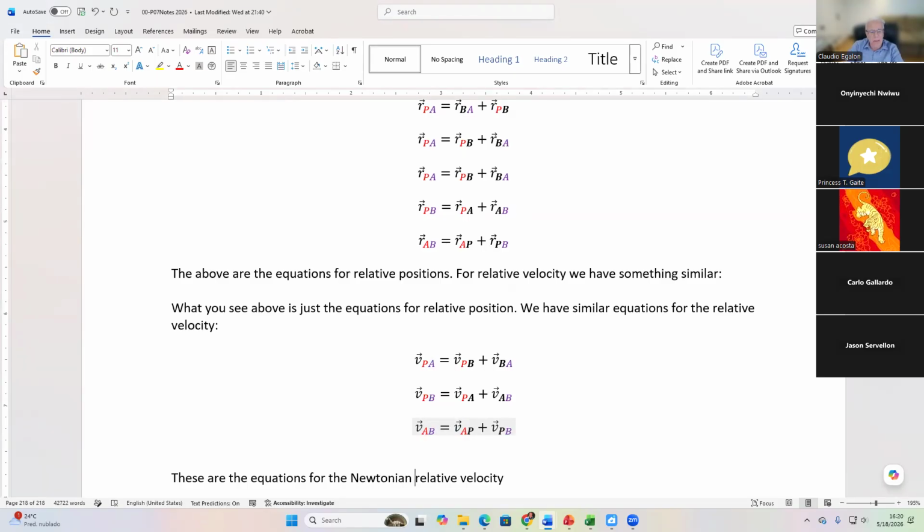Twenty more minutes to go, right? No, half hour to go. These are the equations for Newtonian relative velocity, which are an approximation to special relativity.